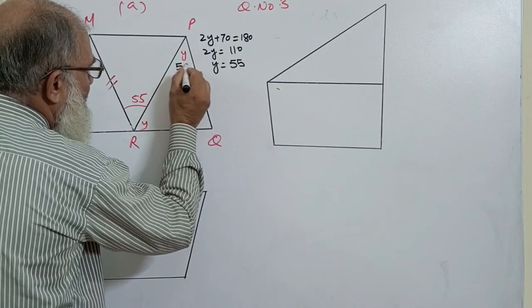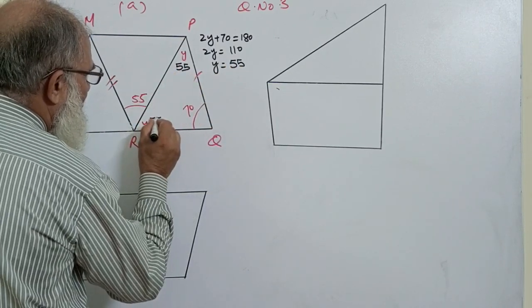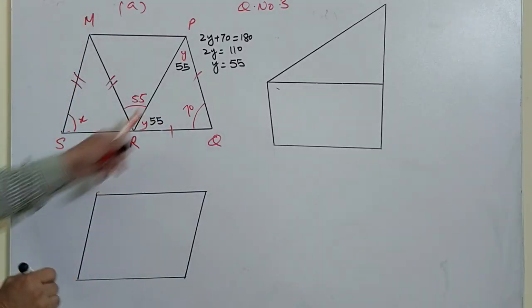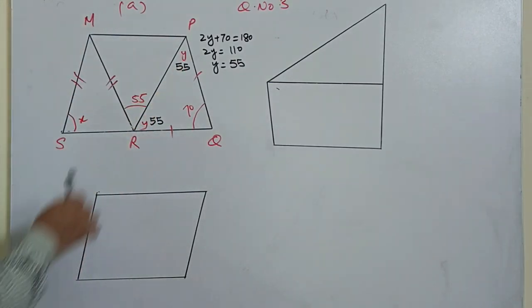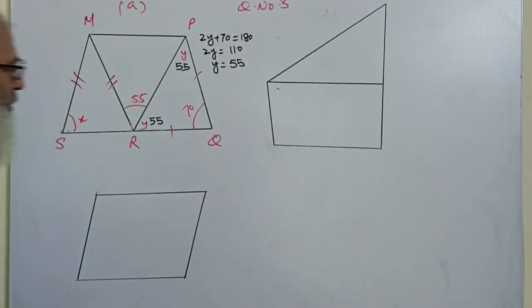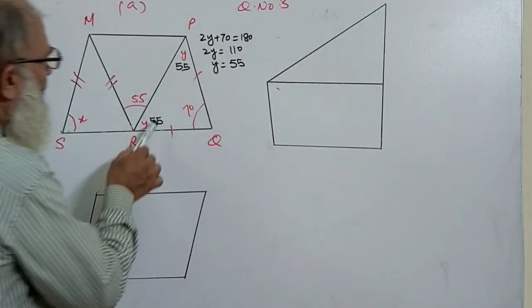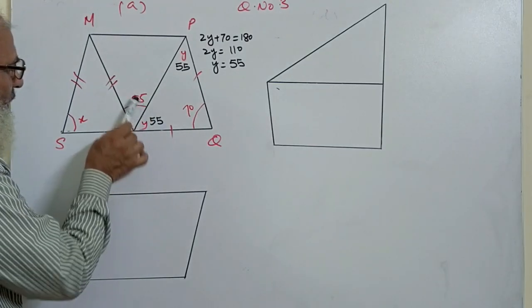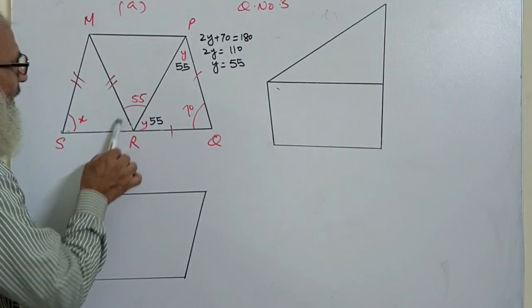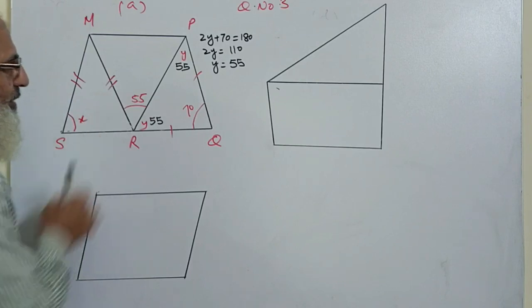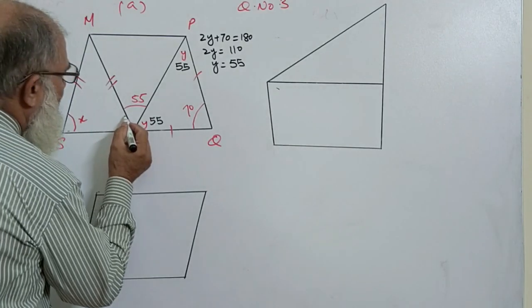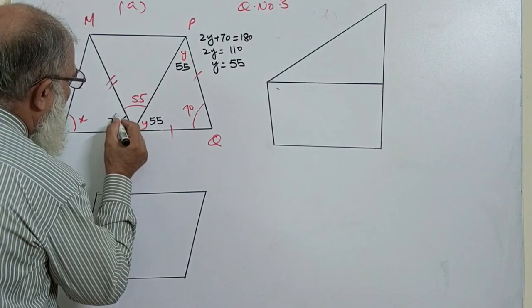Now this angle is 55 degrees, this angle is 55 degrees. This is 55, this is 55. We again have come to 110 degrees. So this is 55, 55, 110, and when this is 110, this is 70 degrees. This is a 70 degree angle over here.